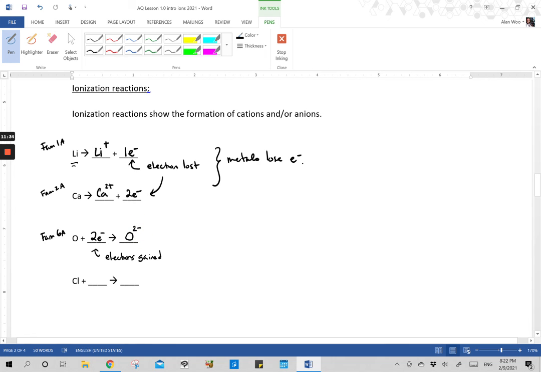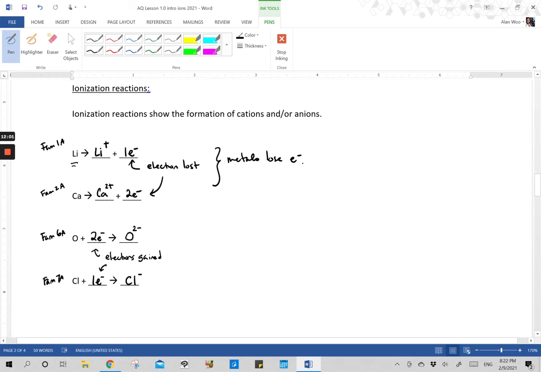So now that oxygen has 2 extra electrons, therefore it has a -2 charge. Similarly, for chlorine, we know that it's in family 7A. It has 7 valence electrons. It only needs 1 more electron to be gained. Okay, so in both situations, electrons are gained, and it now becomes your chlorine anion.